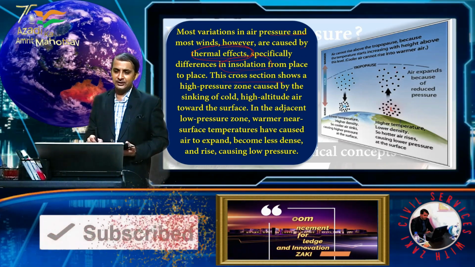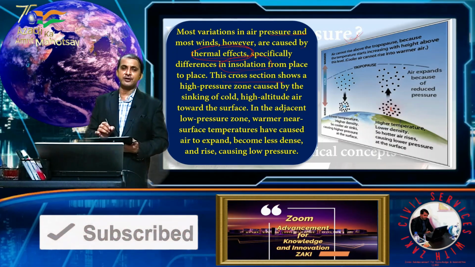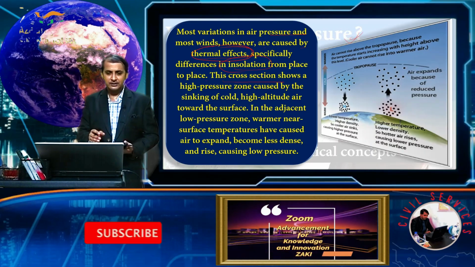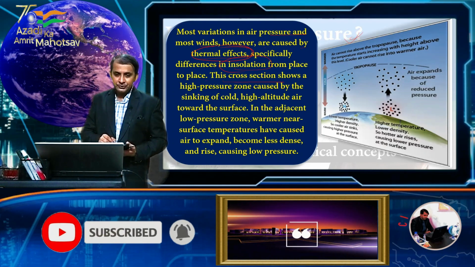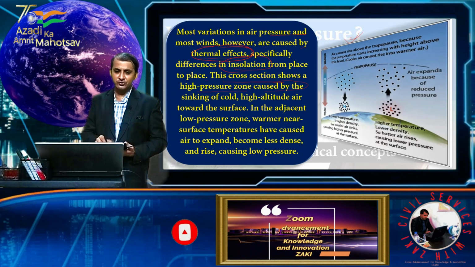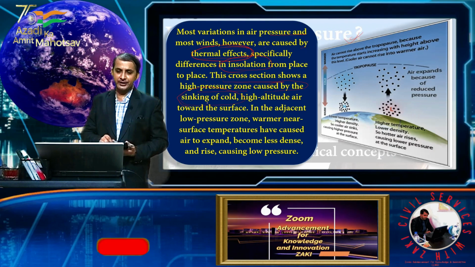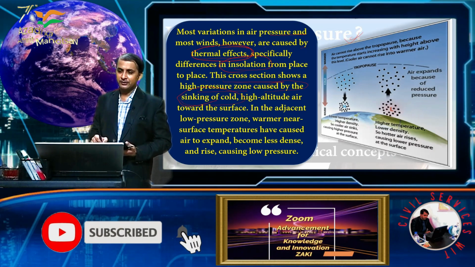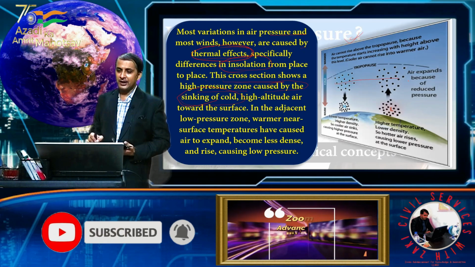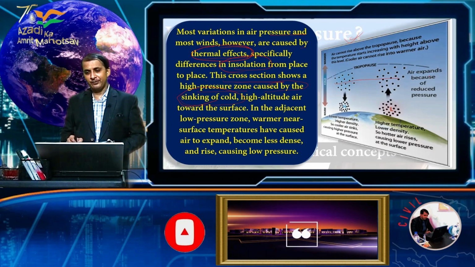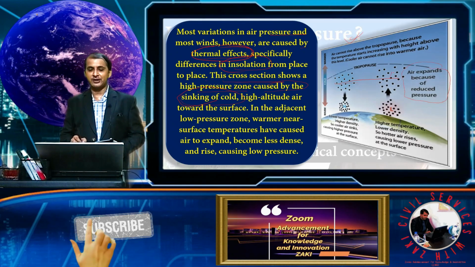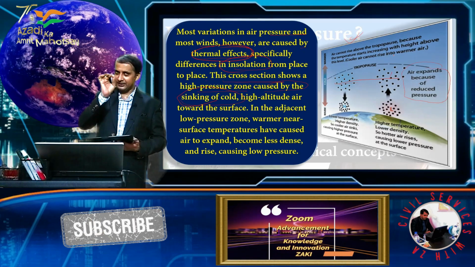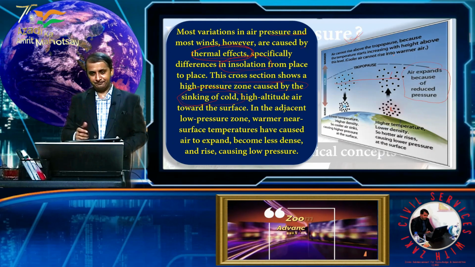The cross section you see here is a cross section of a certain place. A high pressure zone is caused by the sinking of cold air. If you see here, it is a cold area, and the air pressure is less higher up, because as you go higher the air pressure is less.